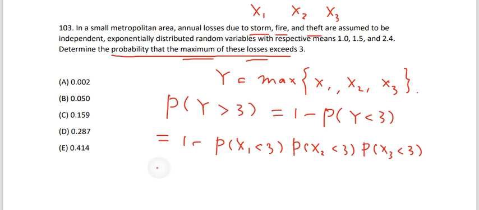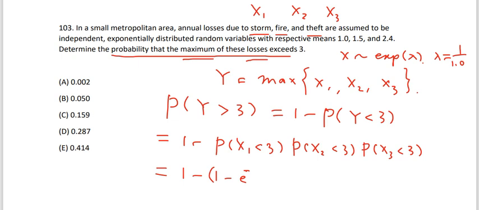So what is this probability? X1 less than 3. What is X1? X1 follows an exponential distribution, and this lambda is 1 over 1.0. So we know this probability is 1 minus e to the negative lambda times 3.